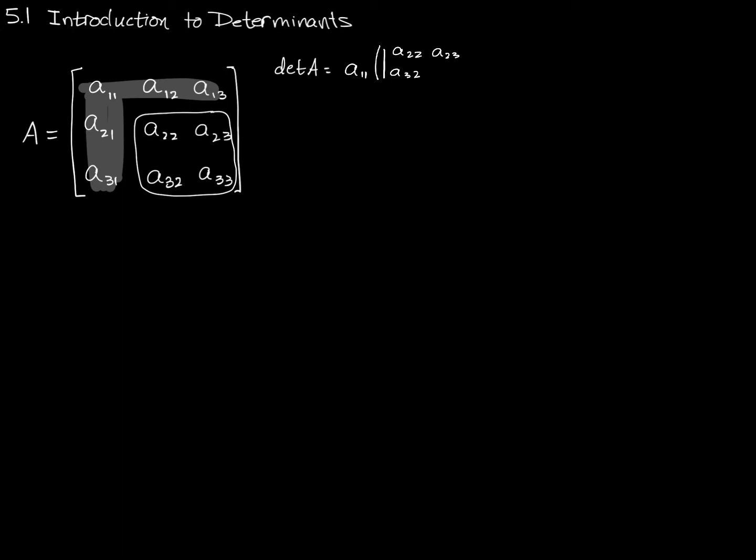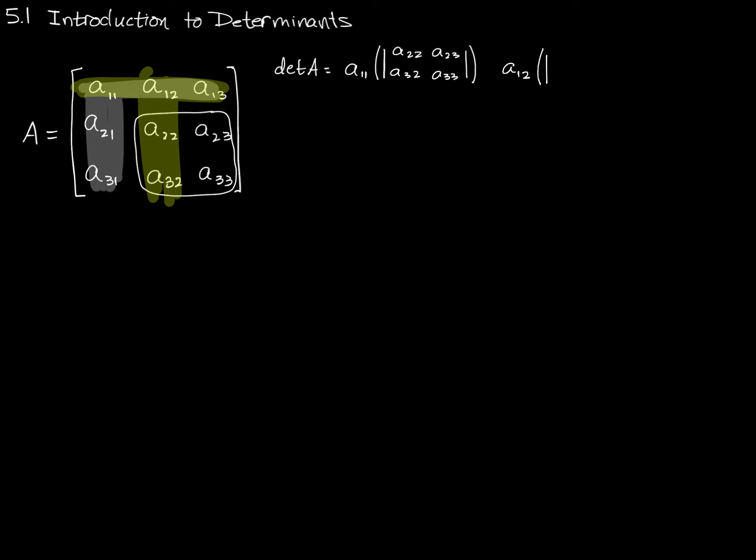I'll do one more. The second one is what happens when you cross out the first row and the second column. What gets crossed out by both of those is A12, and we want to multiply that by the determinant of what's left.